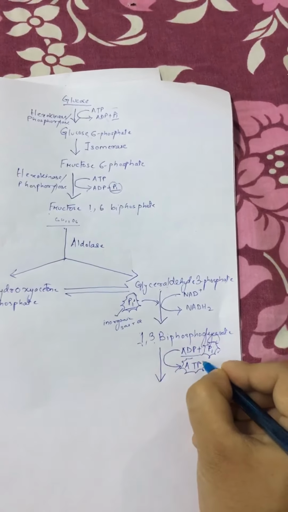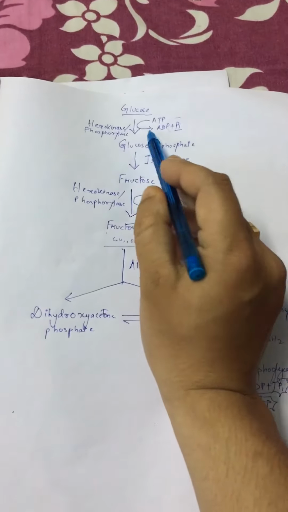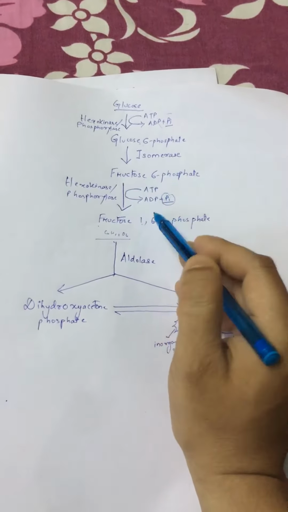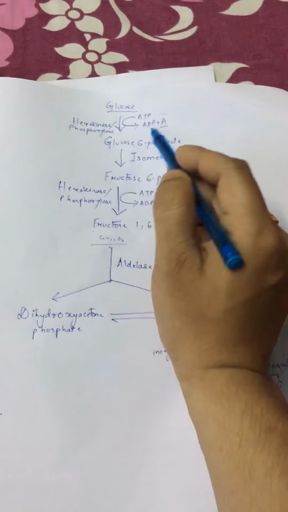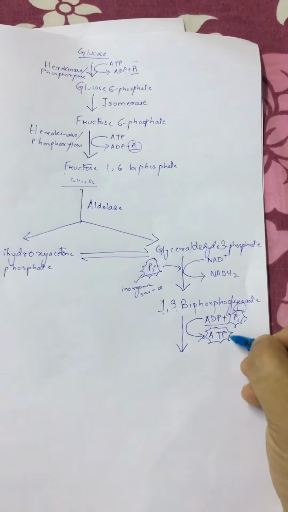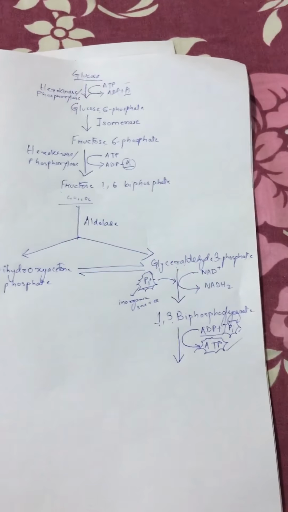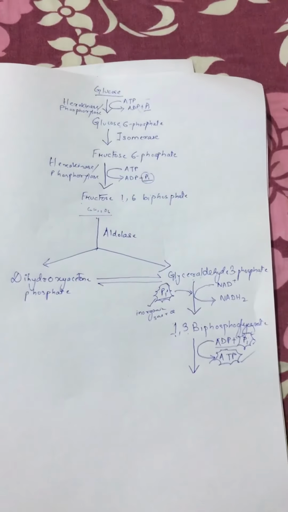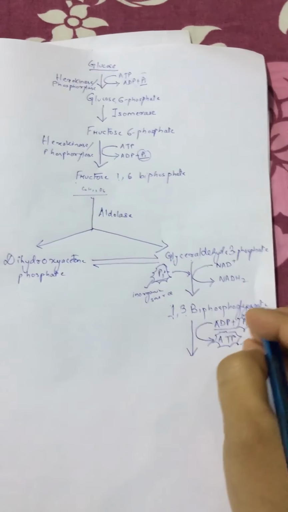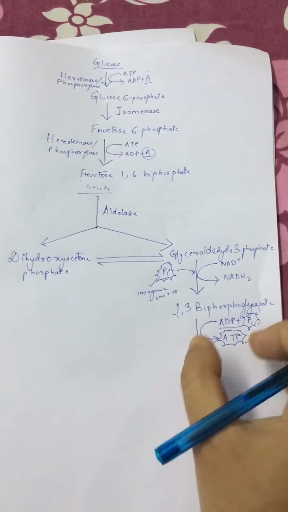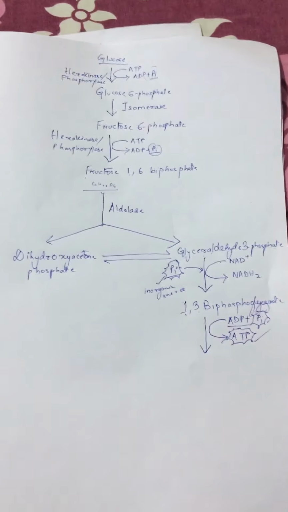So you can see that in the previous two steps the ATP molecule was being used, but now the ATP molecule is getting generated. I will explain how this ATP will be used up in the further reactions.